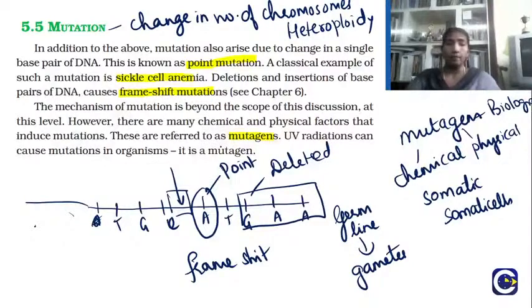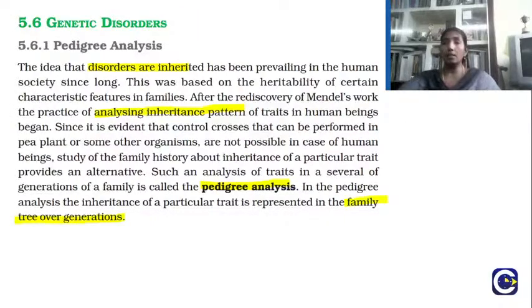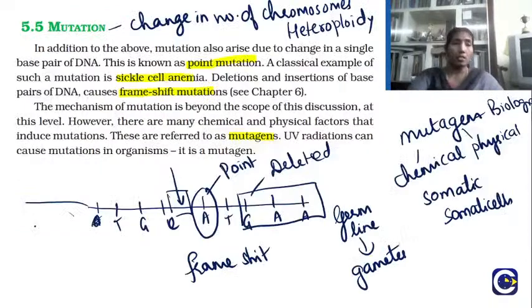Now we'll go to the next interesting thing. I'm going to explain another interesting subject, the pedigree analysis. But I think I'll explain this first. One thing that can happen is either the chromosome number changes, which results in ploidy, or there is a change in the structure of the gene, like a mutation arising from a change in a base pair or the entire sequence of base pairs.